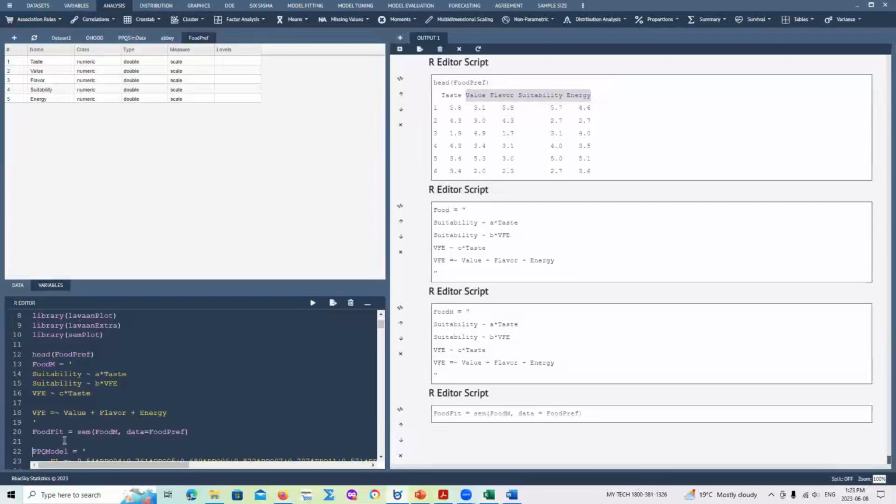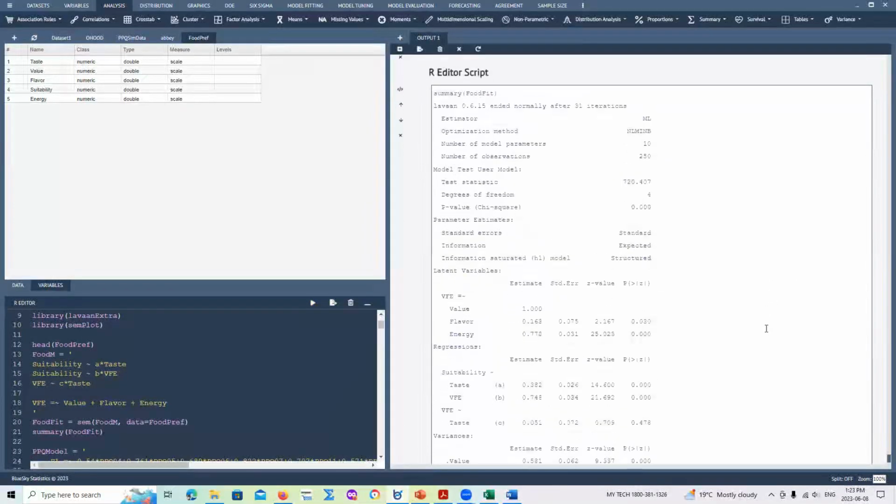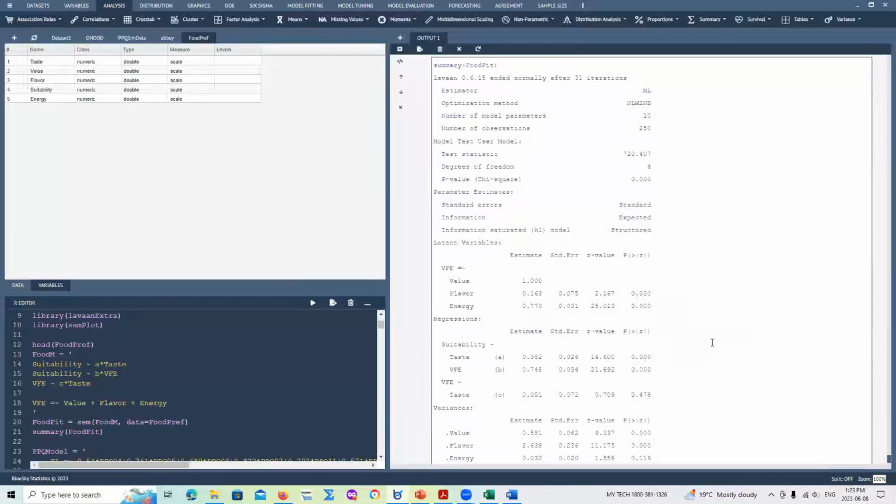Great. So now we can summarize that model. Now we're summarizing the model. So remember that is the model we are summarizing, the food fit. You see that?